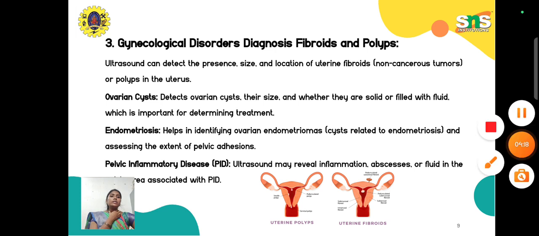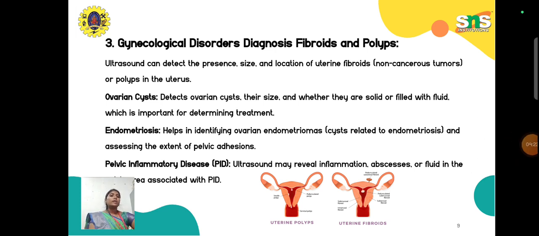Next is gynecological disorders, that is, the diagnosis of fibroids or polyps. The ultrasound can detect the presence, size and location of uterine fibroids. Fibroids are non-cancerous tumors. You might ask what the difference is between cancerous and non-cancerous.